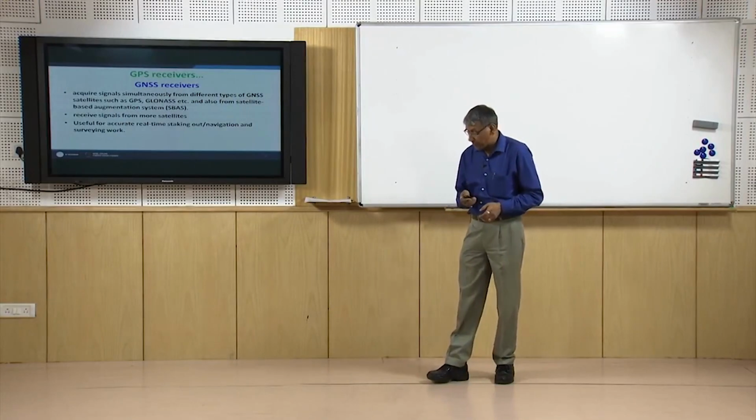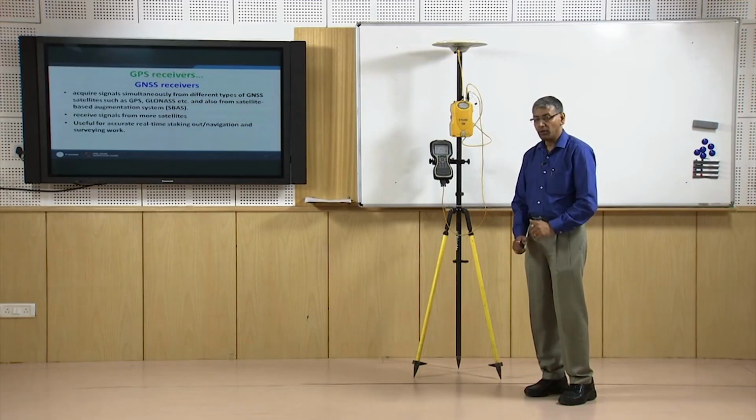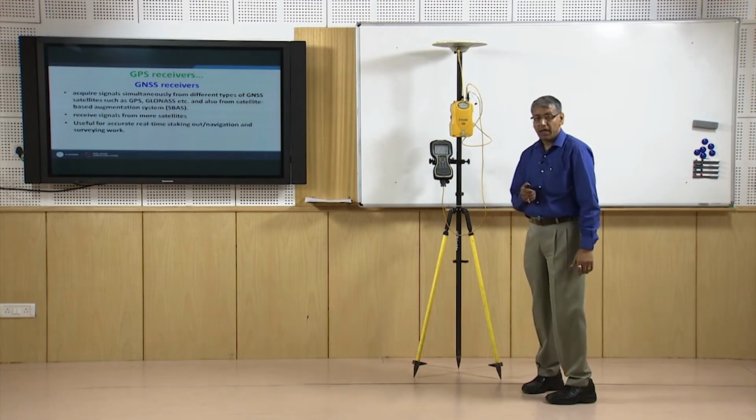These receivers are most robust because they provide information from different radio navigation systems. So they are much more useful specifically for navigation purposes, air navigation, and real time staking out work, etc.